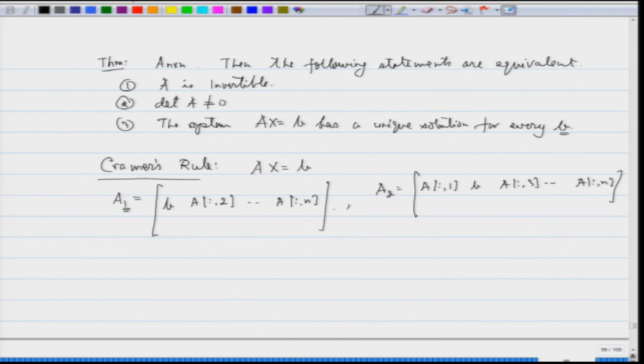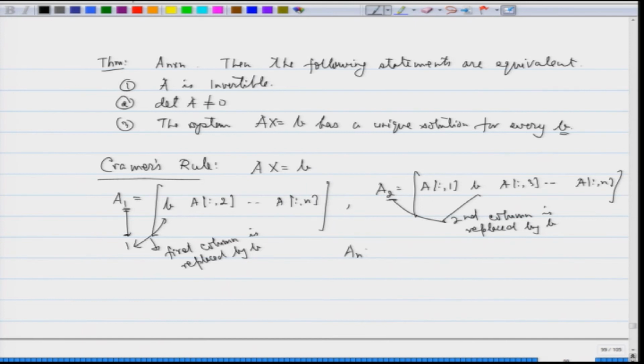So, the important thing is this is 1, so the first column is replaced by B. 2, so the second column is replaced by B. So, in general, when I look at An, the first columns will remain till the last but 1.